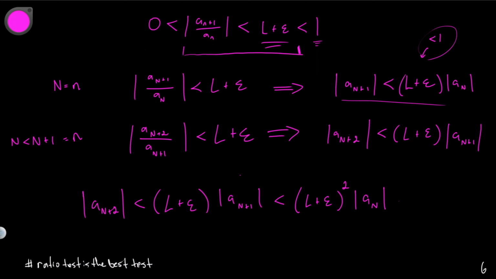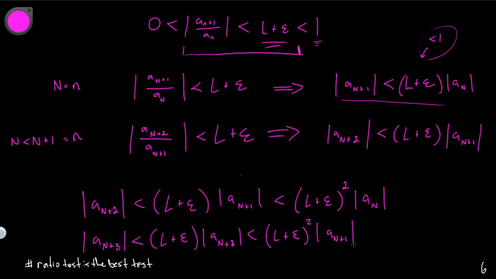If I continue this pattern, the next one's going to be A sub n plus 3 is less than L plus epsilon times A sub n plus 2, which is going to be less than L plus epsilon squared times A sub n plus 1, which is less than L plus epsilon cubed A sub n.